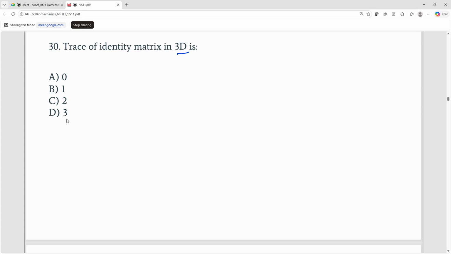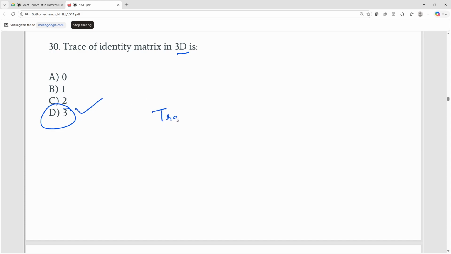What is the trace of an identity matrix in 3D? The correct answer is option D, 3.